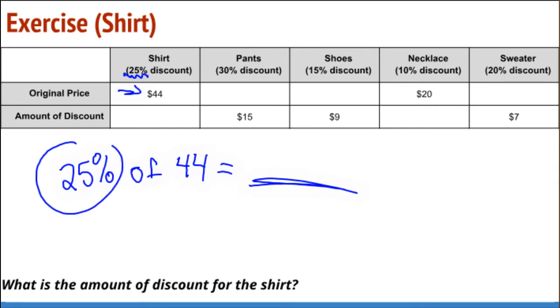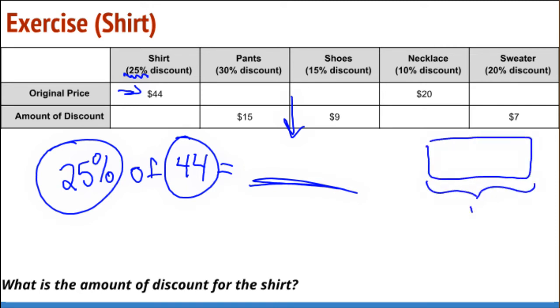I have my percent, I have my whole, I am looking for a part. So I know that 100% is going to be equal to the $44, and I've got the 25%, but what I don't know is how much is that 25% worth.